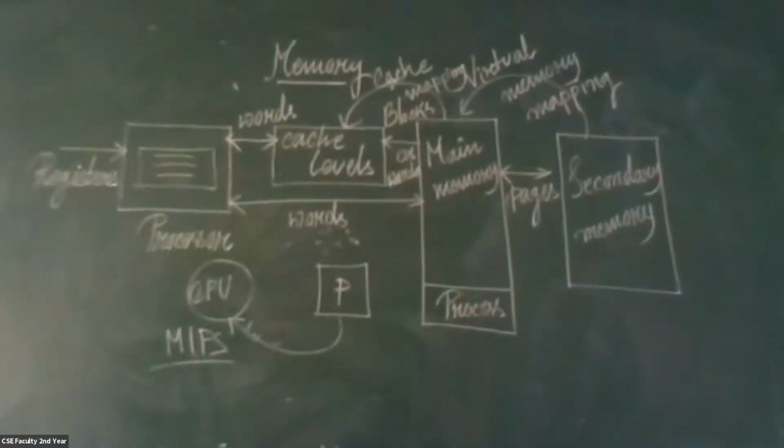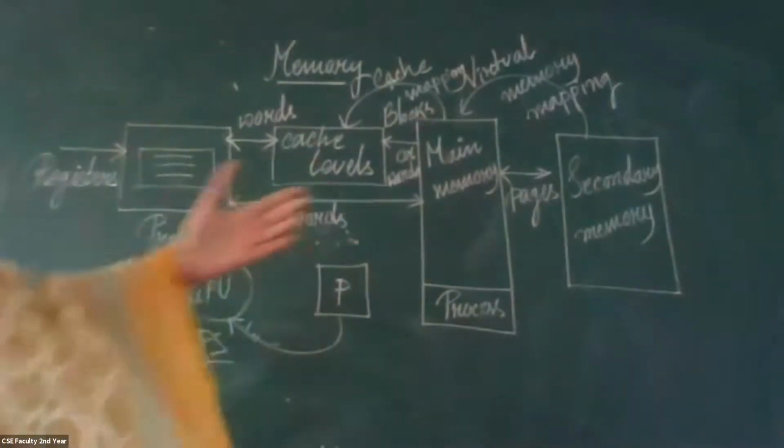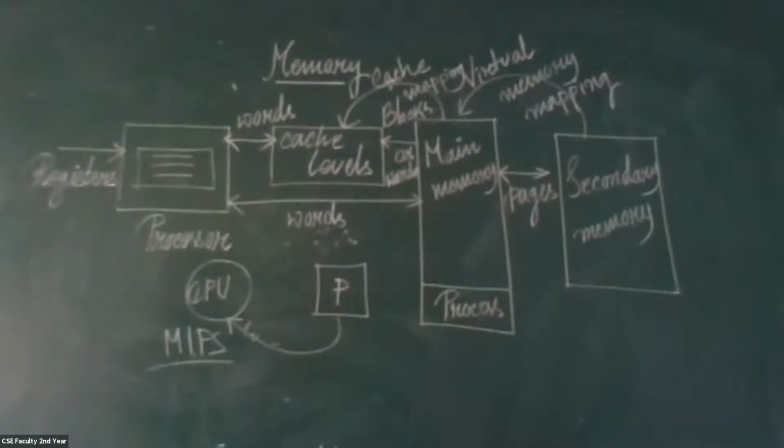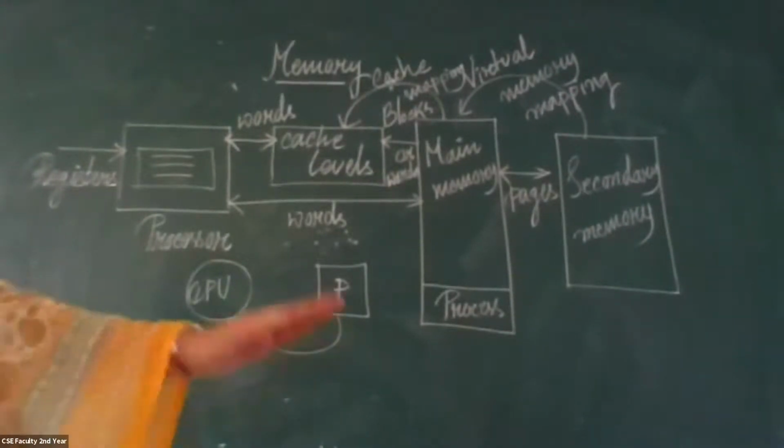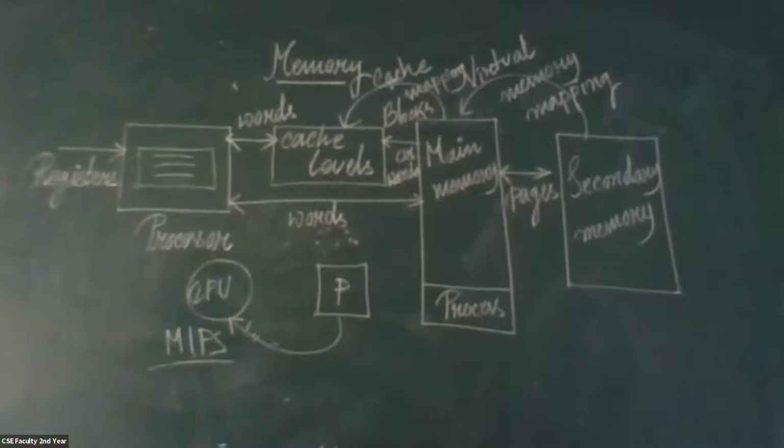That means it can process 1,000,000 instructions per second. So very, very high speed. That kind of speed is not possible if it is directly connected with the secondary memory. The secondary memory cannot transfer the data to the CPU at such a high speed.